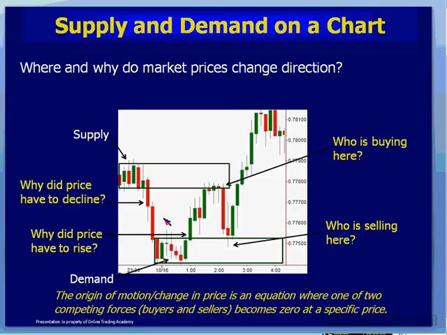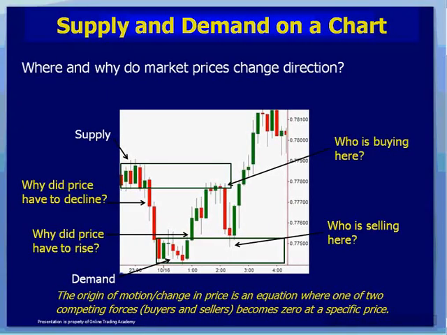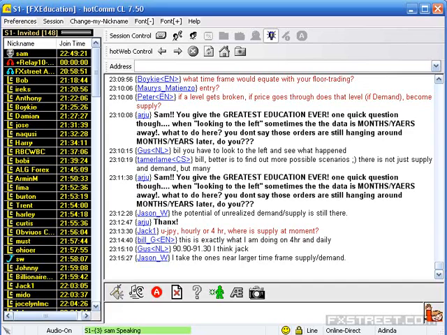But what if in the larger time frame you're much closer to larger time frame supply than larger time frame demand? Well, then that level's probably not going to work. So knowing where you're at in the big picture, I see Jason's kind of pointing that out here, is key.